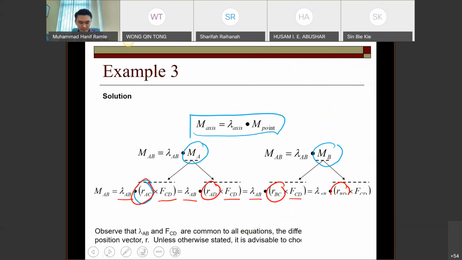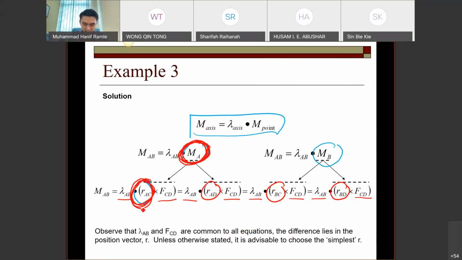So when you have the value of R, you can proceed to the next step, which is to determine MA. If you are using RAC, then you have to determine MA. Of course, for MA we have this equation, RAC cross FCD.